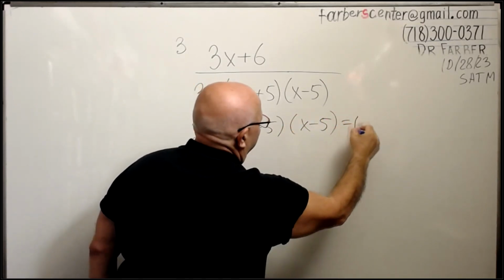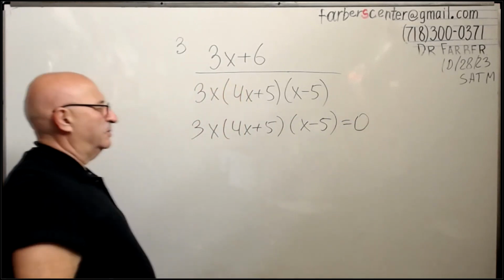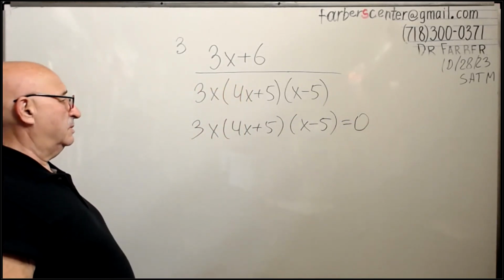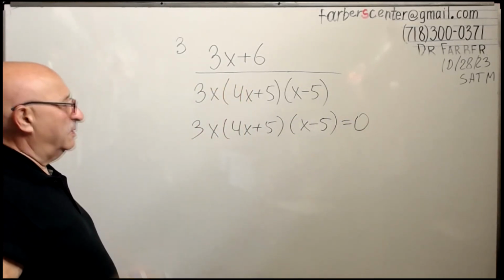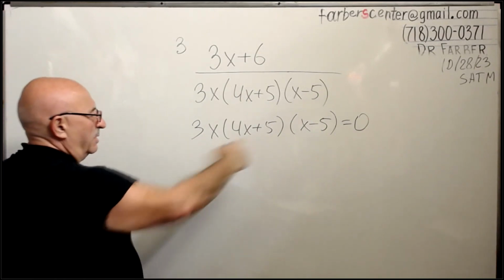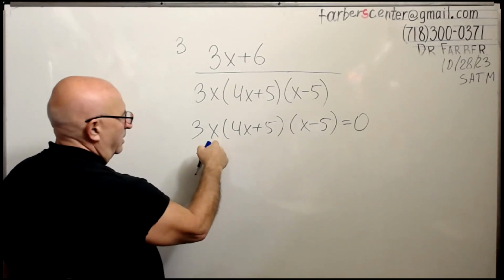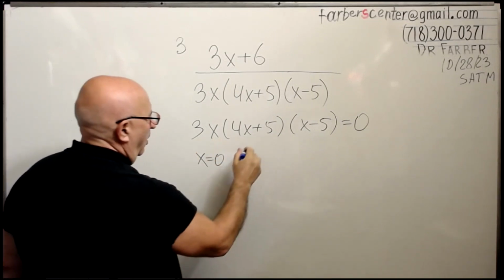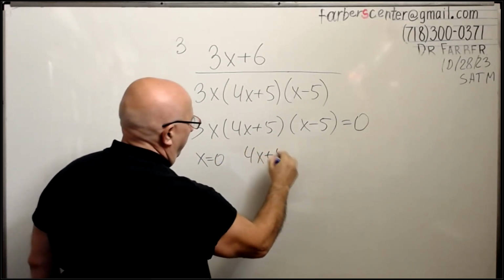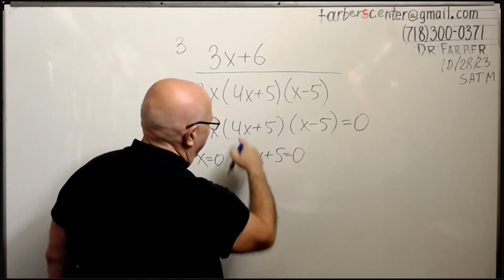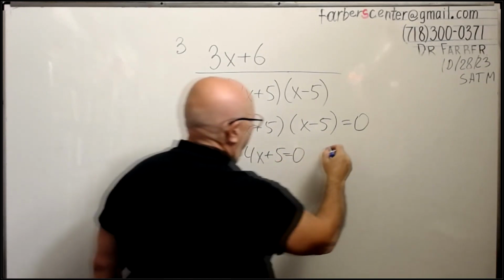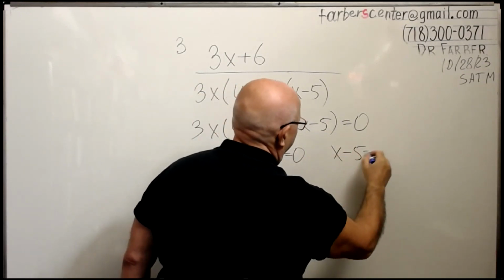When it equals 0, the function is undefined, because you would have to divide by 0, which is impossible. It equals 0 with 3 terms: either x equals 0, this guy, or 4x plus 5 equals 0, this guy, or x minus 5 equals 0, this guy.